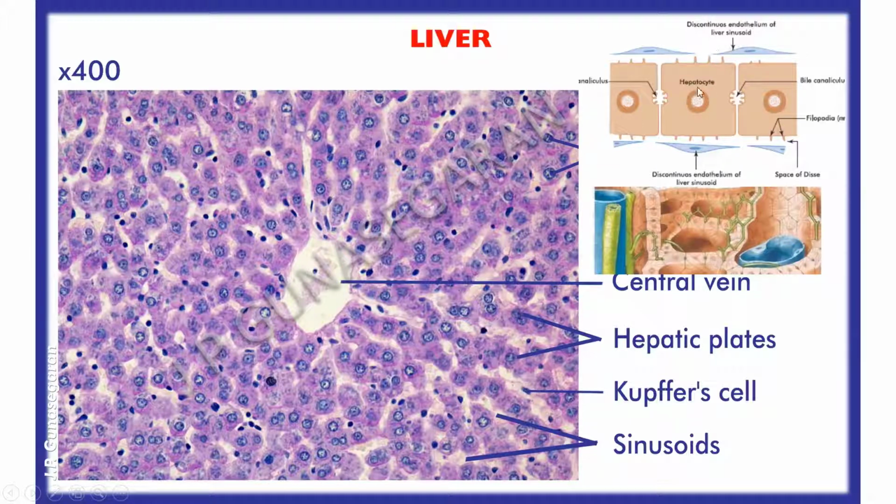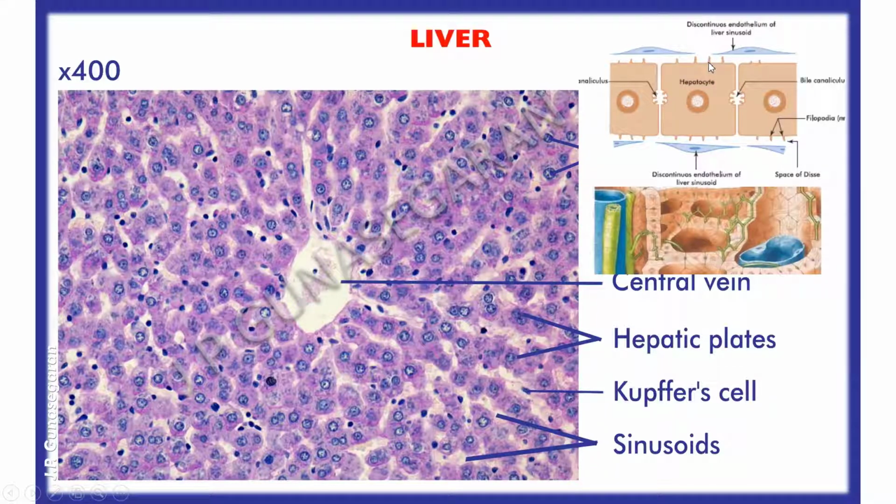These sinusoids are separated from the hepatic plates by perisinusoidal space of Disse. Blood percolates through the discontinuous endothelium of these sinusoids and comes into direct contact with the hepatocytes through the space of Disse.